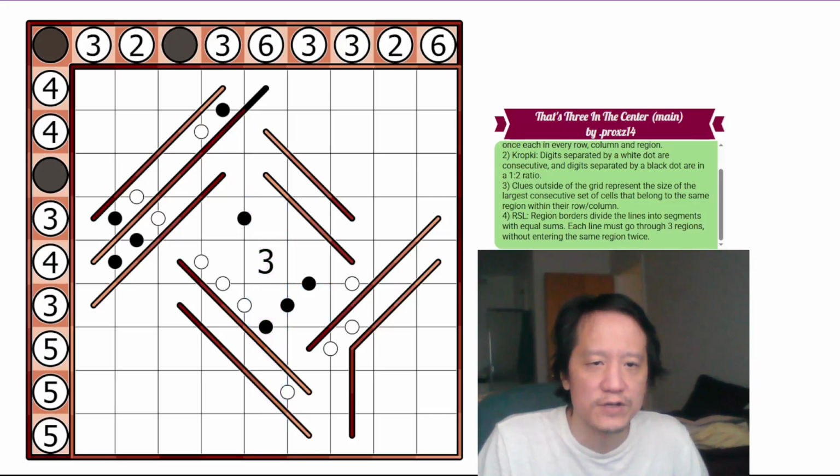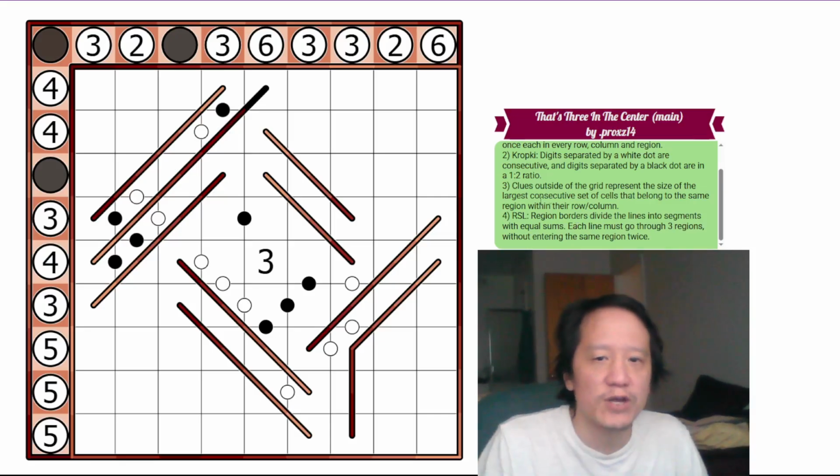That's all valid. This would be 4. The largest consecutive set of cells here in the same region is 4. For column 2, only 2 cells can be in the same consecutive set and in the same region. So this could be 2, but this would not be valid because that's 3 consecutive cells all in the same region. So that's what the clues outside the grid represent.